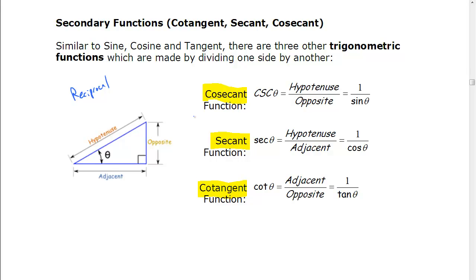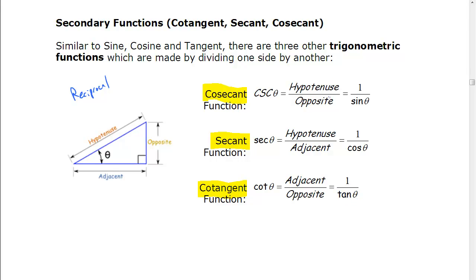Remember, reciprocal was 1 divided by, or flip over something that you had before. Cosecant is the reciprocal of sine, so that's 1 divided by the sine function. Secant is the reciprocal of cosine, so that's 1 over the cosine function. And cotangent is the reciprocal of the tangent, so that's 1 over the tangent function.